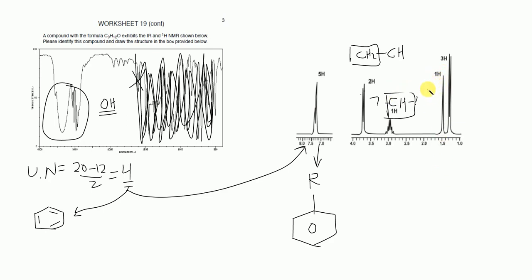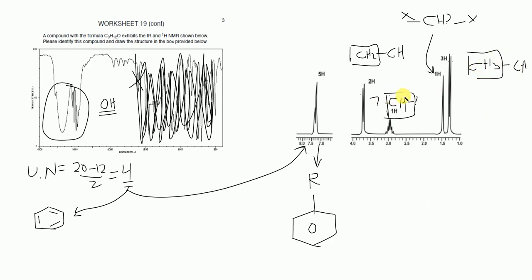I'm going to put it on my radar. I'm going to think about it. CH next to nothing. And then I have a CH3 that's next to 1, 2, next to a CH.